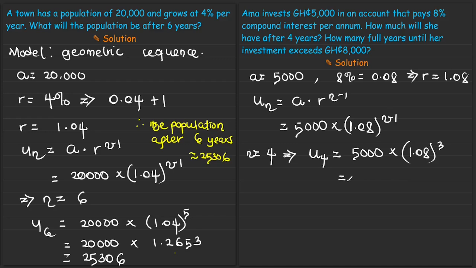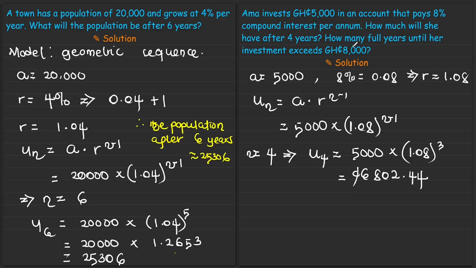This, when punched on the calculator, will then give us 6,802.44. So this is the amount she's going to get after the 4 years. 6,802.44 cedis. Take note of that.